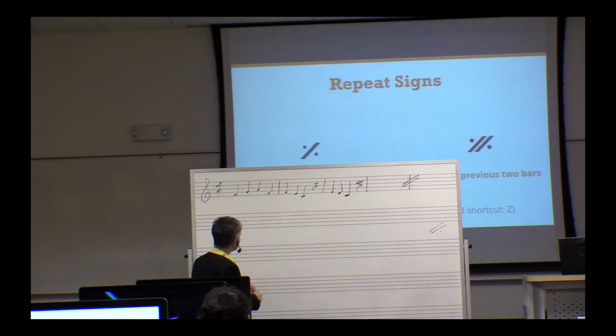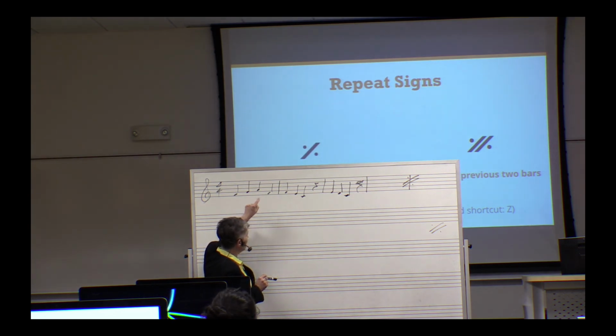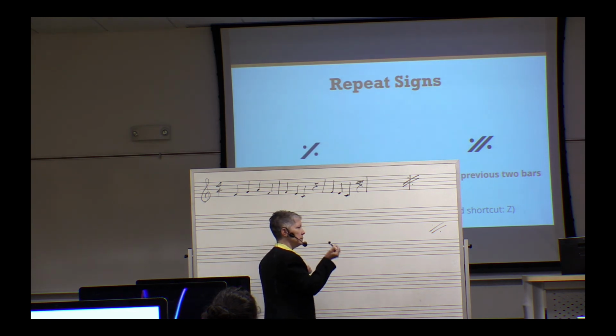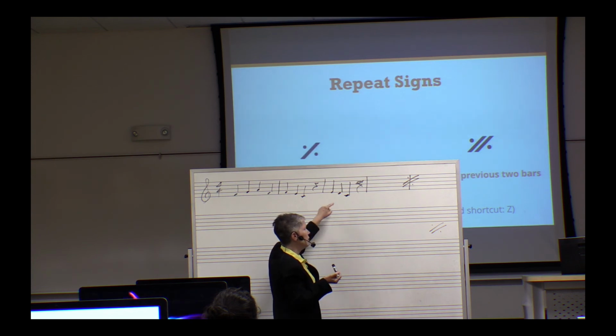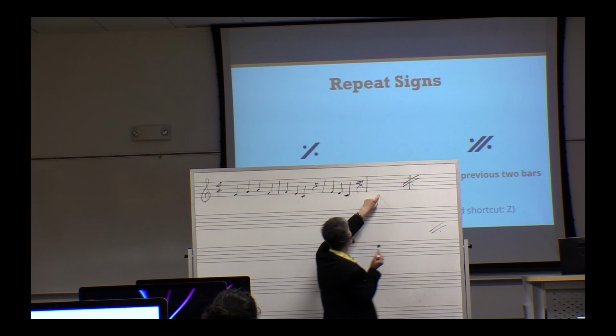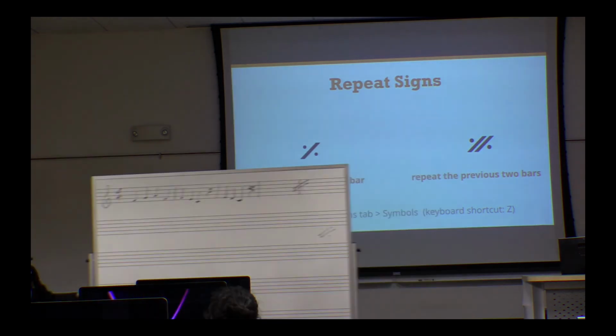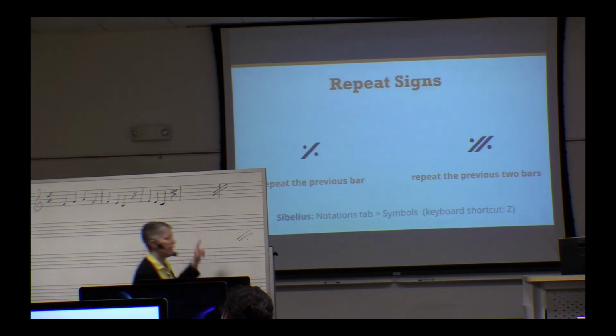Here we go again. Do, fa, sol, la, fa, mi, do, re, mi, re, do. I got it right this time. Do, fa, mi, do. Mi, re, do. That's a very helpful symbol, actually.